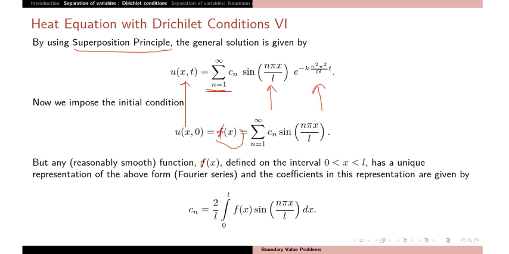Phi(x) is defined on the interval 0 to L, so you get a Fourier series. Phi(x) equals this, so C_n will be this, with phi(x) sin(n pi x by L). By computing Fourier coefficients, you can compute the solution.